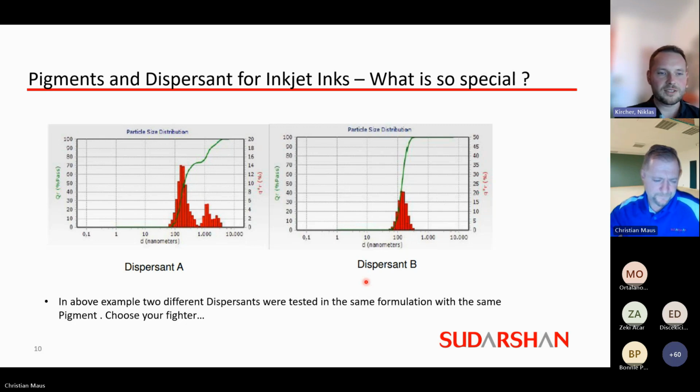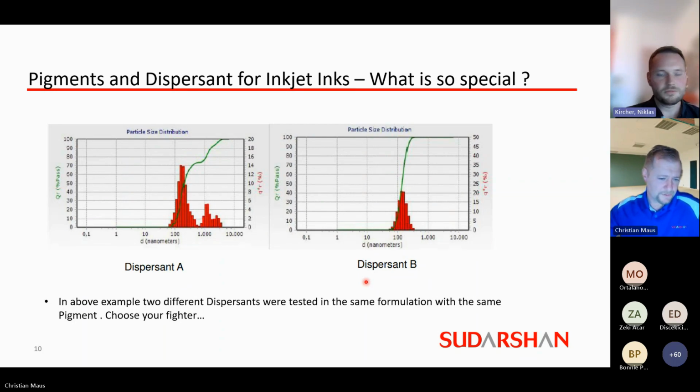You usually have a certain particle size you would like to achieve, for example, 120 nanometers, and then you grind until you reach this particle size. And if you have a good pigment dispersant combination, then you can reach your target earlier.